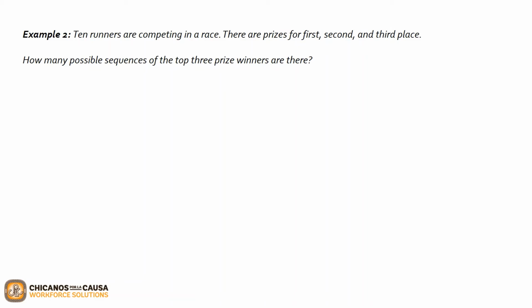Instead, we need to determine how many people could win first place, which in this case is 10, and how many people can win second place. Once someone has won first place, there are 9 possibilities of who can win second place, given that there are 10 runners total.